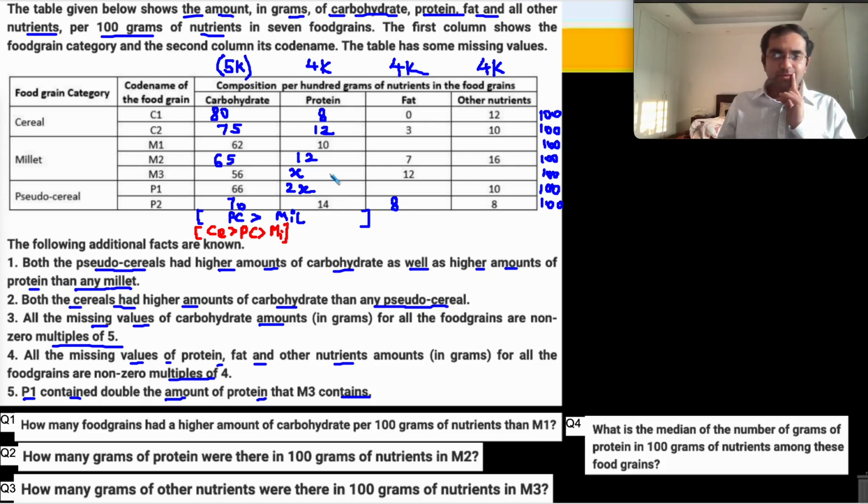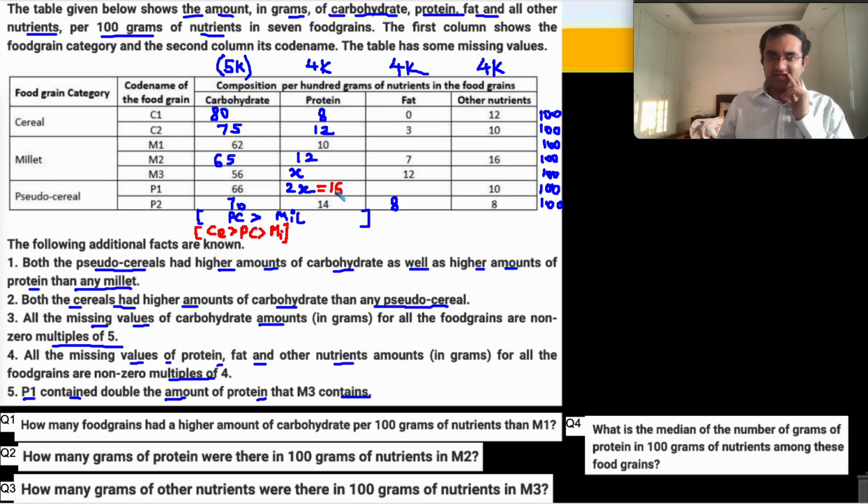Okay. So 10, 12 and x should be less than 2x and 14. That means 2x definitely has to be greater than 12, so the first thing that I can try is 16, because pseudo-cereal is more than millet and it should be a multiple of 4.